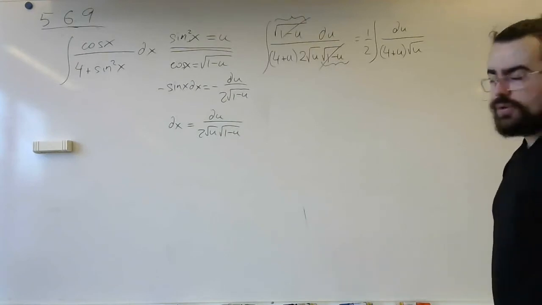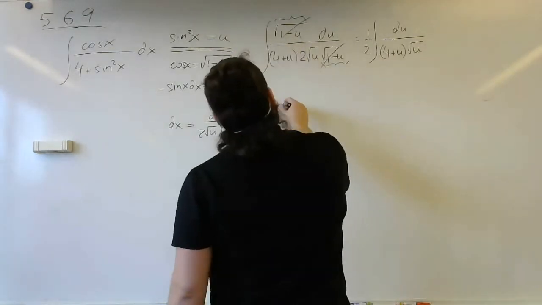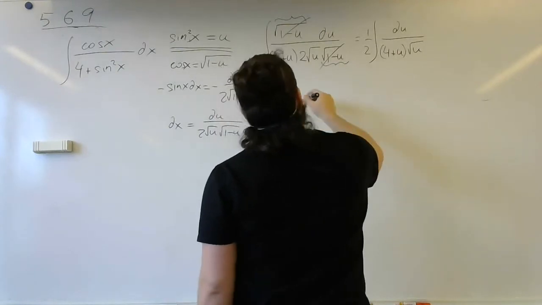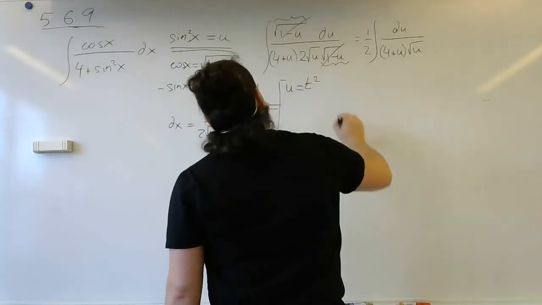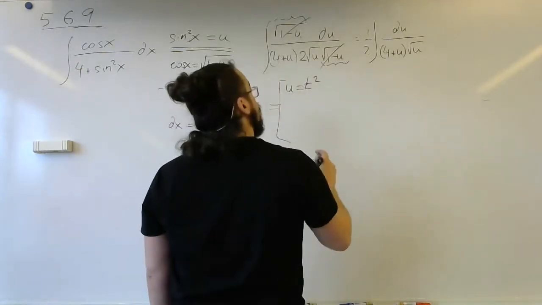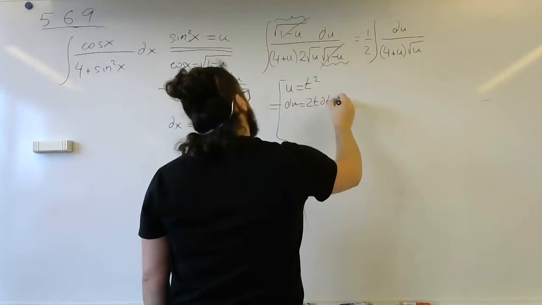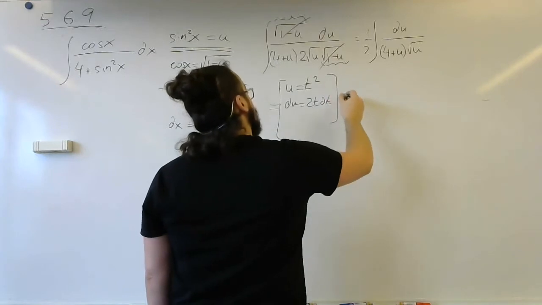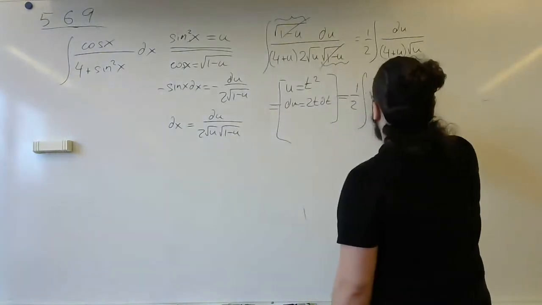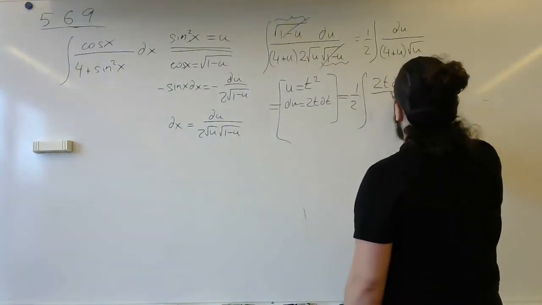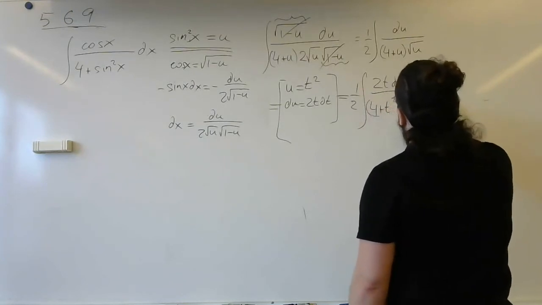Now you may be thinking, maybe we should have taken u squared here, and you are absolutely right. Here I'm going to do yet another substitution, which is u equals t squared. Inverse differential of u is 2t differential of t. And so I get the integral of 2t differential of t over 4 plus t squared times t.